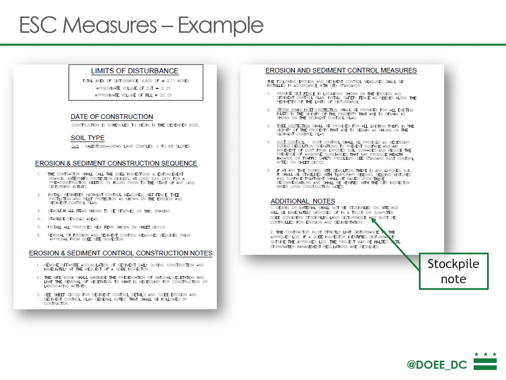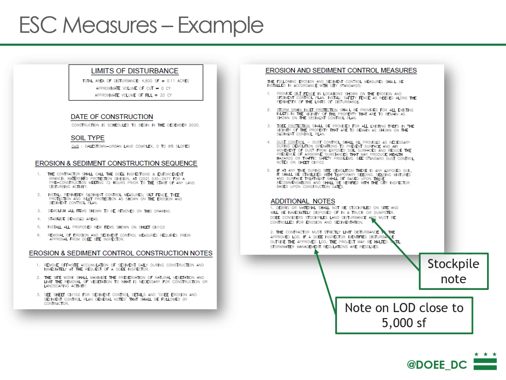Sometimes there's not space on the site to stockpile. In those cases, you can add a note specifying that everything will be removed immediately, that there will be no on-site stockpiling. And oftentimes we'll get an LOD that's close to that 5,000 square foot threshold that might push the project into requiring stormwater management.